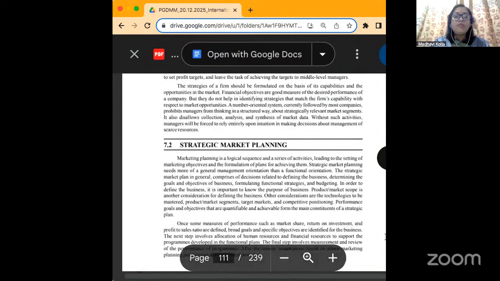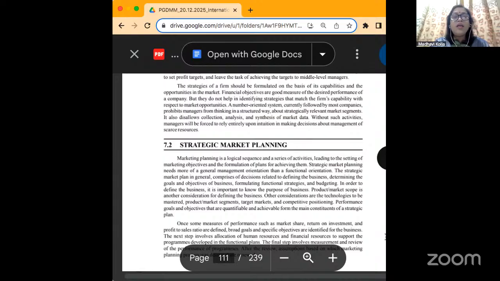So, in terms of the strategies, we say a firm formulates it on the basis of its capabilities and opportunities in the market. Financial objectives are a good measure of the desired performance of a company, isn't it?